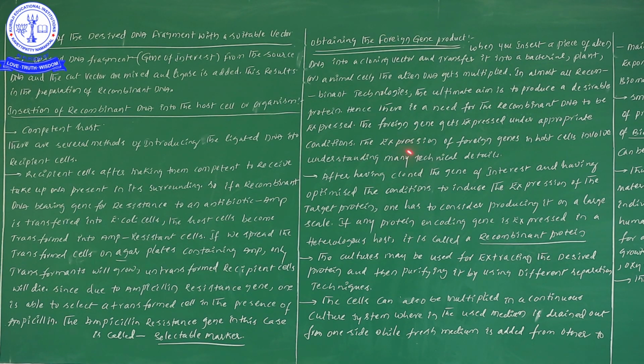Protein formation takes place only under appropriate conditions. When you provide suitable conditions for the foreign gene and the host, the host where we have inserted our foreign gene will multiply, and along with the host our foreign gene also will be multiplied. Under appropriate conditions, the foreign gene gets expressed.